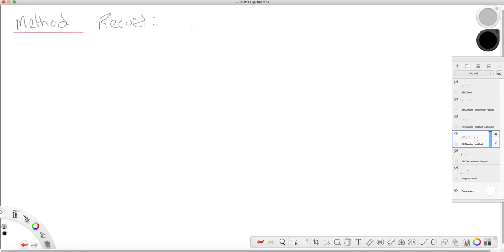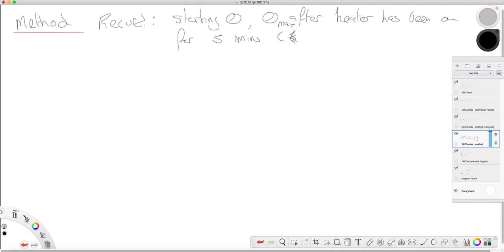We record the starting temperature, and the maximum temperature after the heater has been on for 5 minutes, which of course is 300 seconds.